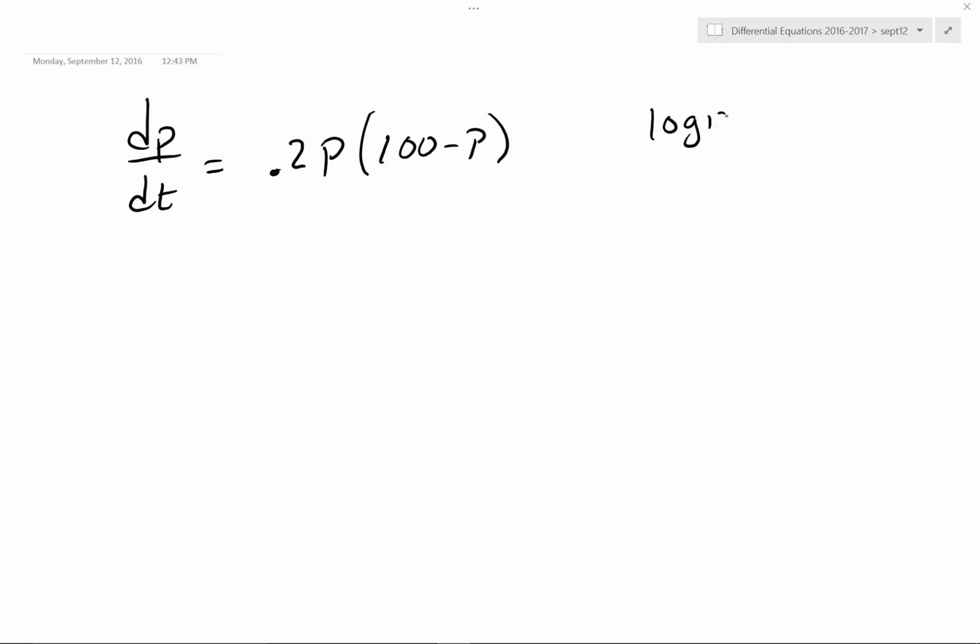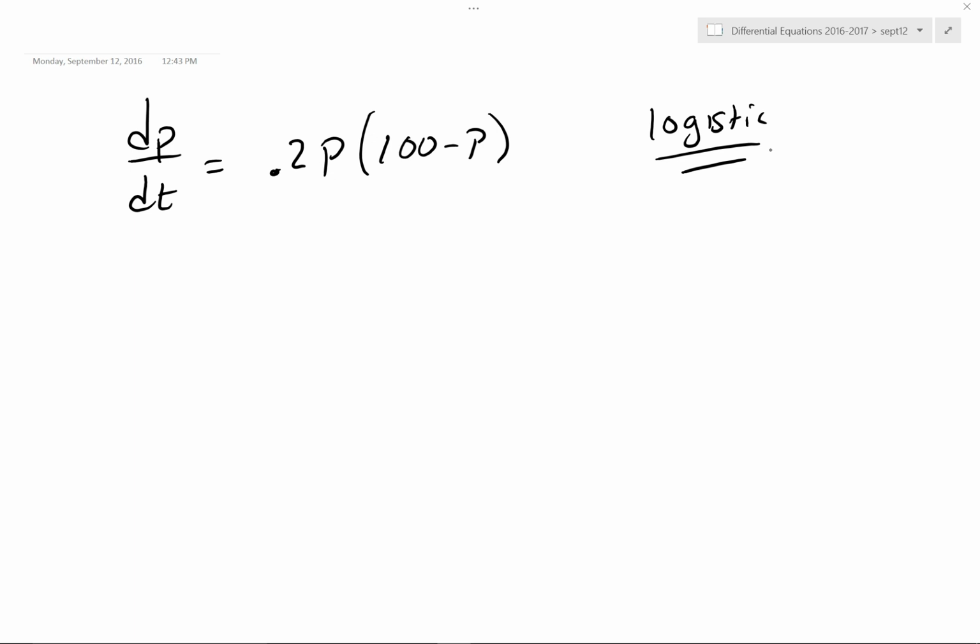Now, suppose you had this fella. This is another one that after a few days of doing this, you'd be like, oh, I got this one. This one's totally easy. This is logistic growth. This is always logistic. Whenever you see this relationship, P times something minus P is logistic. Be careful.